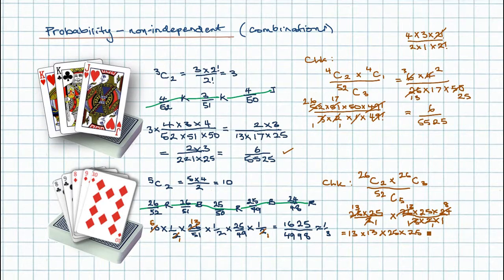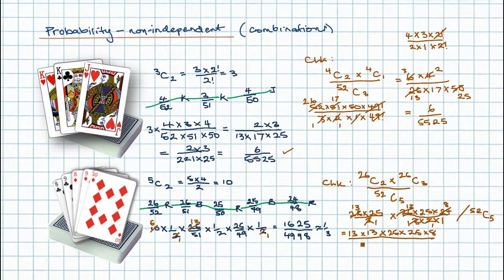Let's see. Is that right? Yes. Times 8. Okay. So the 13 and the 13, let's see if that cancels now with the 52 choose 5. Right.